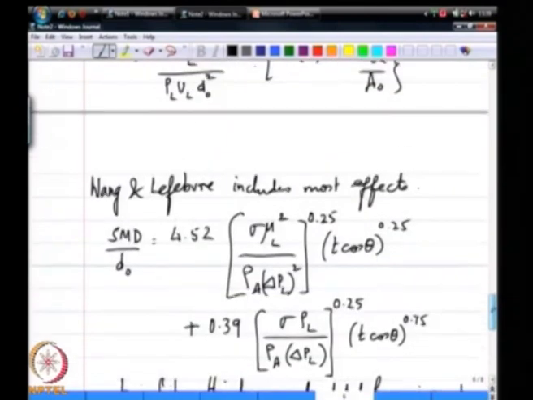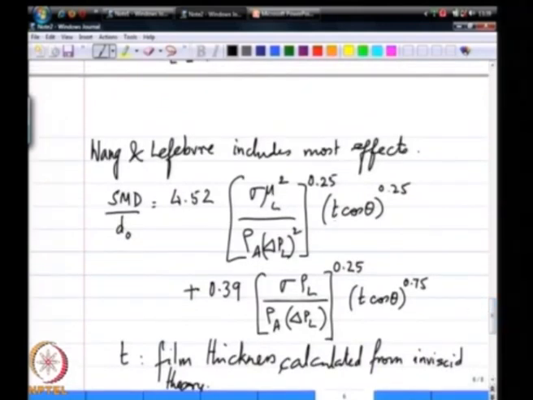Now, these quantities that you see in this parenthesis, that gives me the dimensionless film thickness. These quantities inside the square parenthesis, this part and this part, are essentially dimensionless groups that are functions of the Reynolds number and the Weber number. So, some combination of Reynolds number, Weber number, and alpha give us these groups.